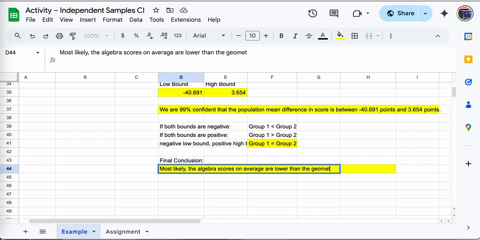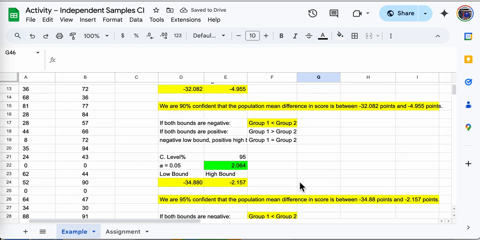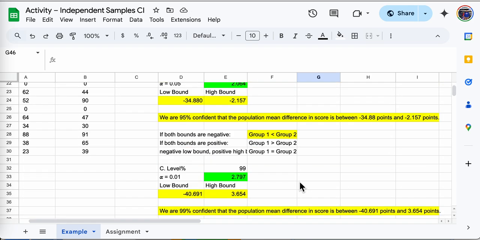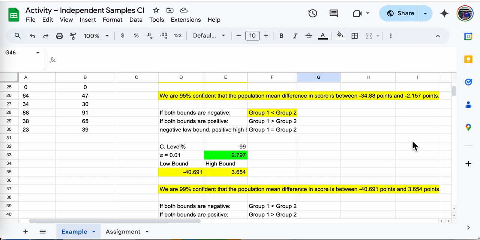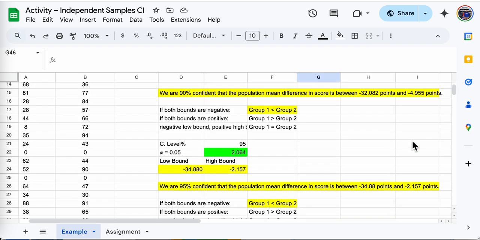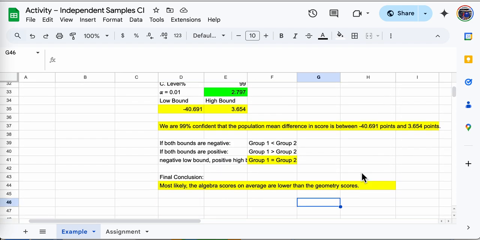All right. Because for 2 out of the 3 confidence intervals, 90% and 95, we showed that there was a significant increase from one to the other, right? And then for the 99%, we showed that there was no significant difference.